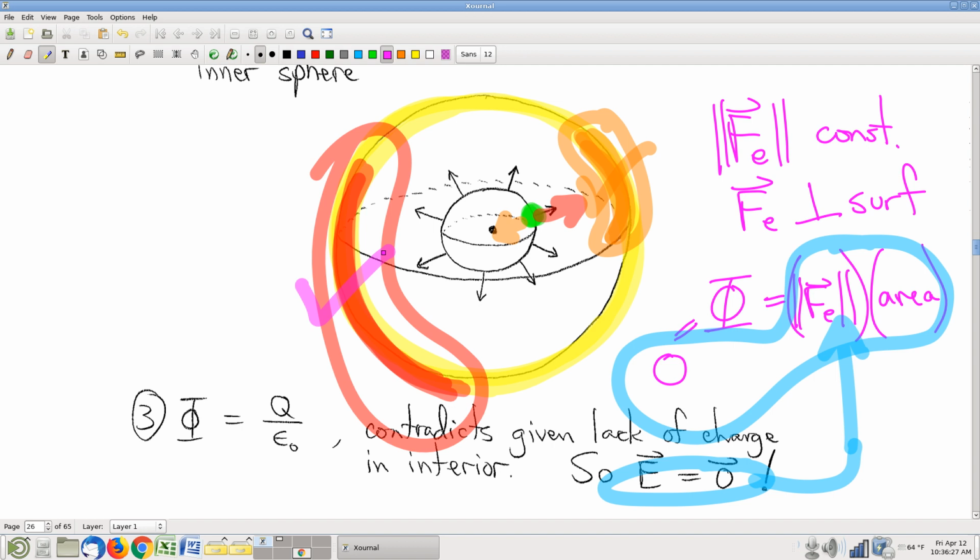Who wins that tug of war? I don't know. Right? So the amazing conclusion that we get here is that, grand total, at this point the electric field is exactly 0. It's a perfectly matched tug of war between these two different sides. It's just wonderfully elegant how nicely this works out.